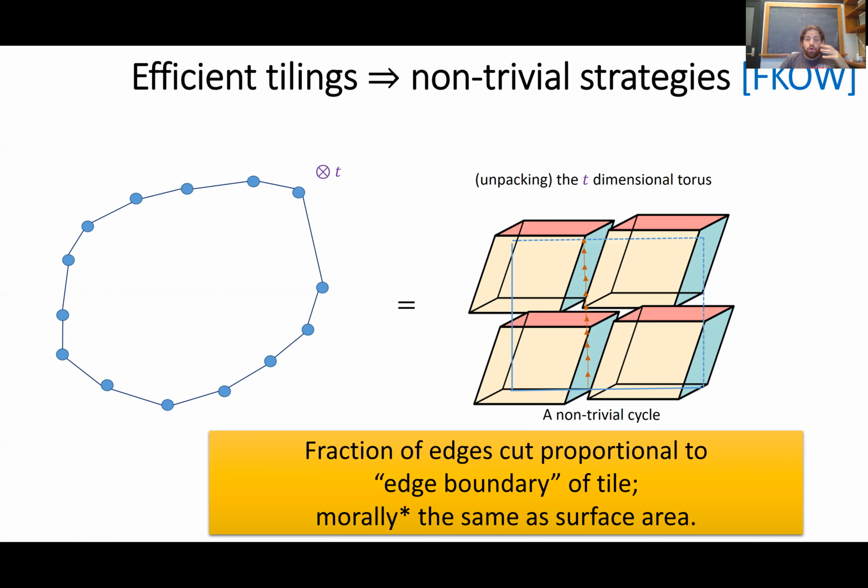And the question is, how many edges did we remove when we did this? We removed edges that escape from a given tile, and this fraction of edges is precisely what is captured by surface area. Surface area really measures the escape probability from a body in small steps. So this is why we want to minimize the surface area of the tiling if we want to get a good strategy for the odd cycle game when you take repetitions of it.